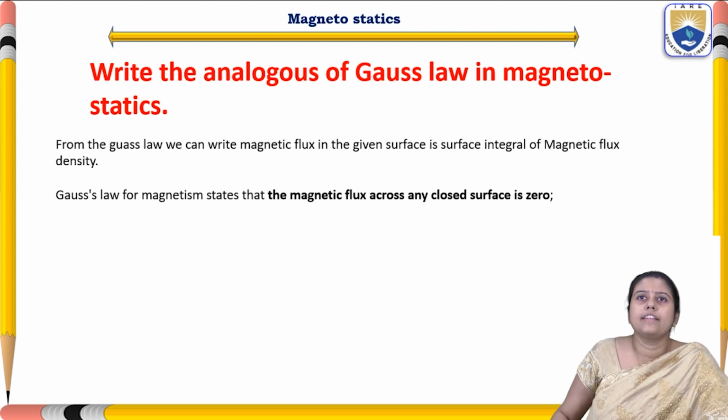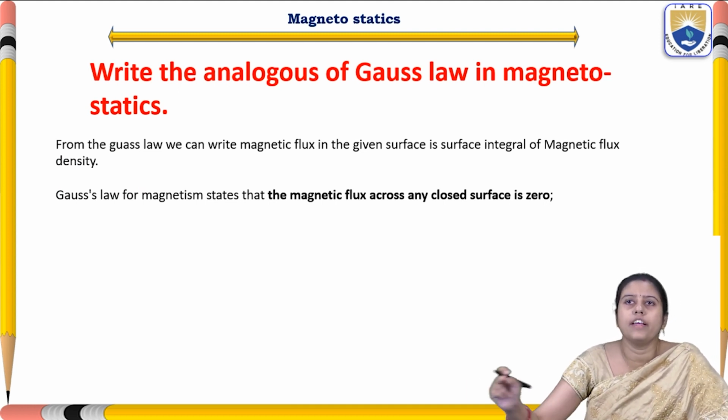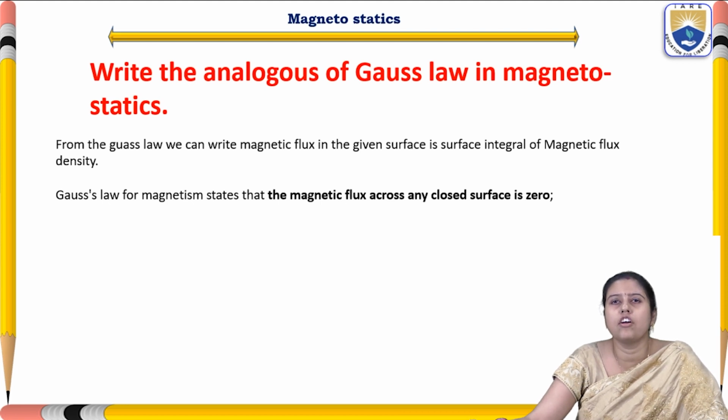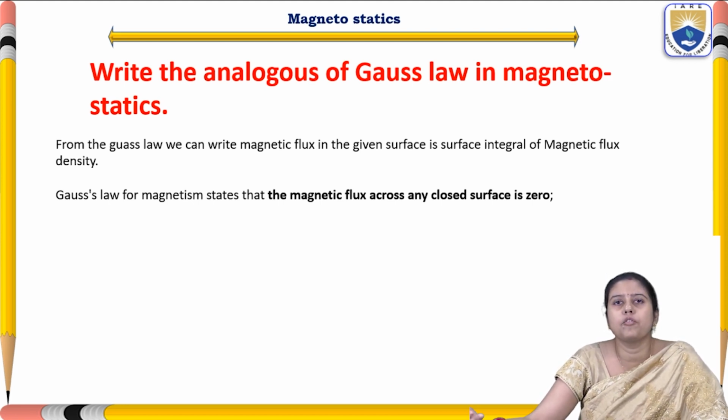Next, write the analogue of the Gauss law in magnetostatics. It is similar to Maxwell's second equation, or modified Gauss law in magnetostatics. From the Gauss law, we can write that the magnetic flux through a given surface is equal to the surface integral of the magnetic flux density.